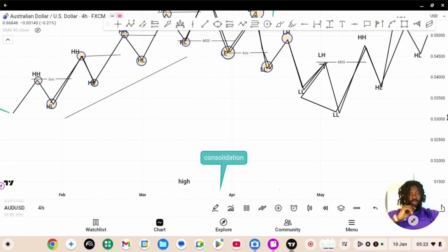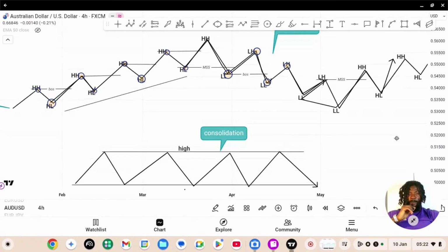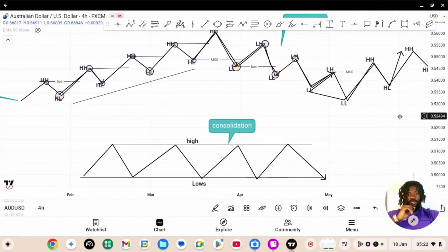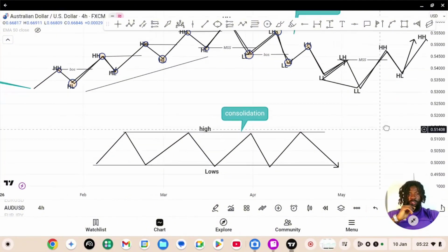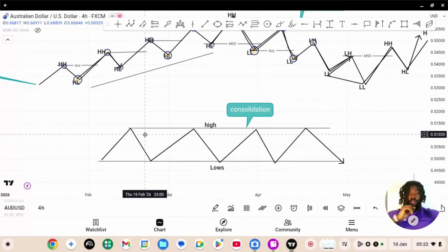The third way the market moves is by consolidating. Or you can also call it a ranging market. When the market is consolidating, for me, I always stay out of the market because it doesn't have a clear direction.